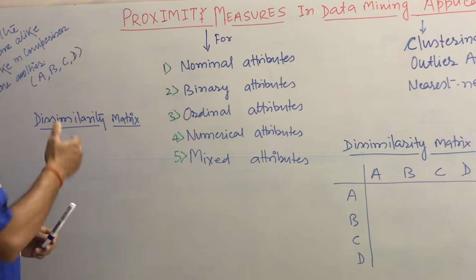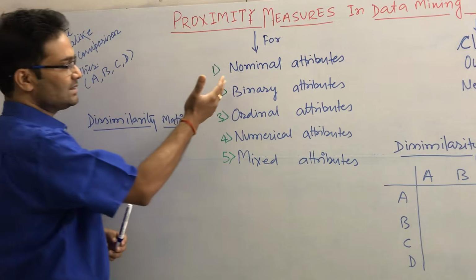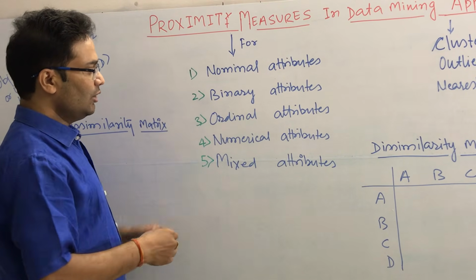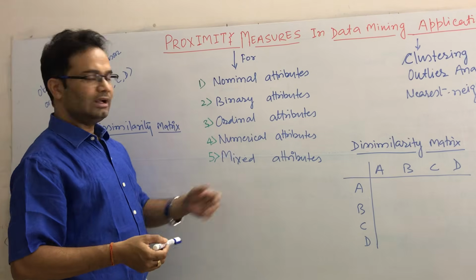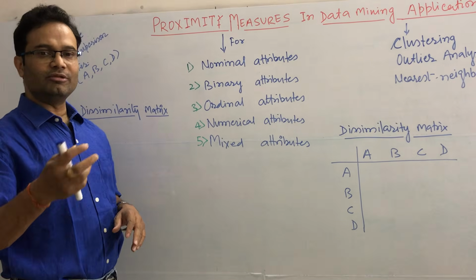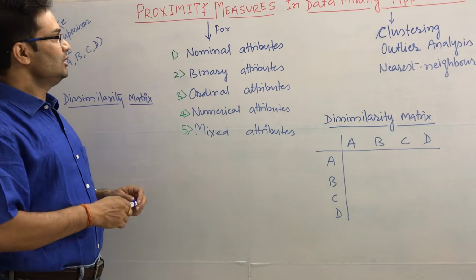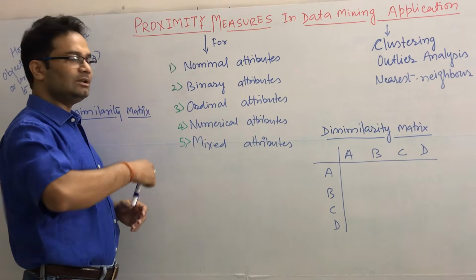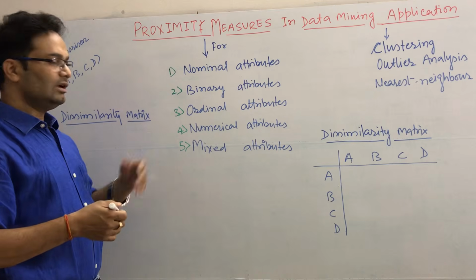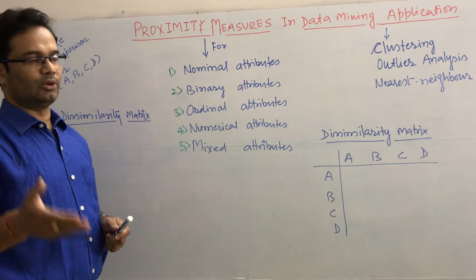But this data could have nominal attributes, binary attributes, ordinal, numerical, and mixed attributes. So we have different formulas and strategies to find the proximity measure for nominal, binary, ordinal, and numerical. We will see them one by one.